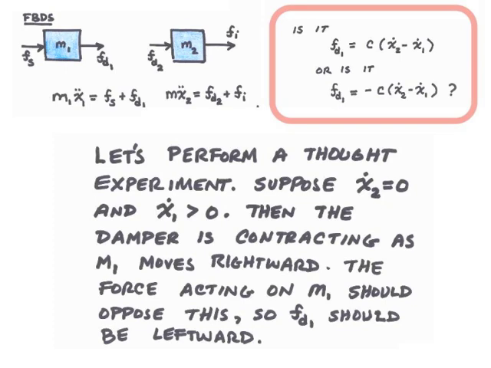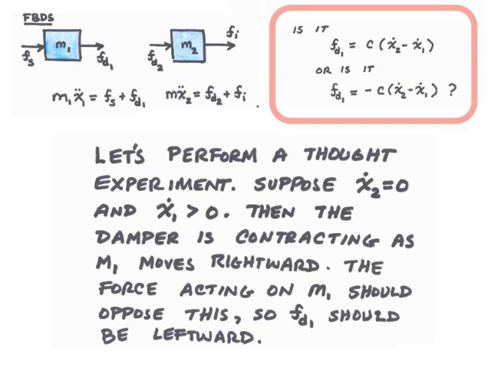That is, FD1 should be toward the left. So when x2 dot is equal to 0 and x1 dot is positive, we know that FD1 should be to the left. Now, which of our two possibilities would agree with this?